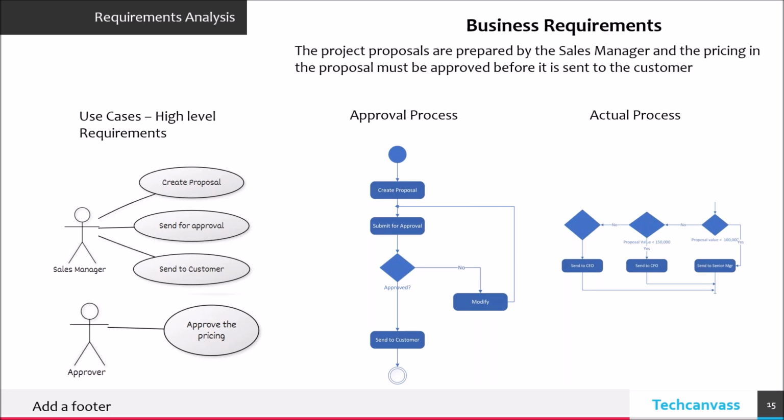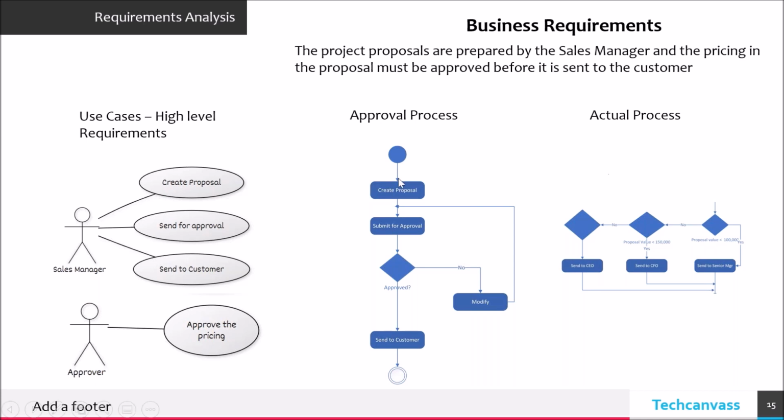So this is another requirement modeling technique which is known as use cases. There are two parts to use cases. There is an actor who performs the task, and then there are tasks. So we create this kind of a model to just highlight the key functionalities or the requirements of the system.